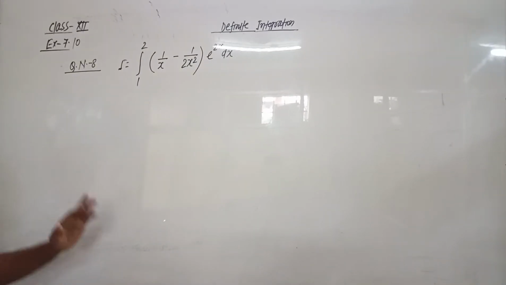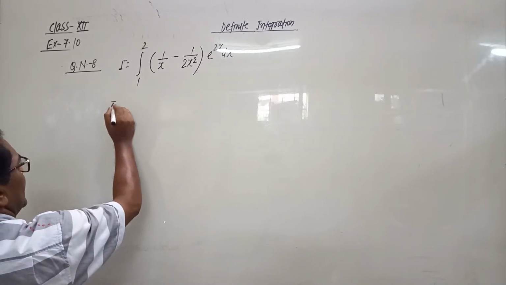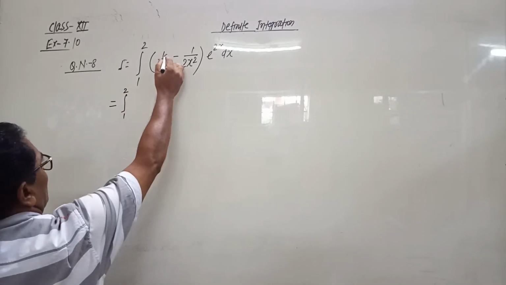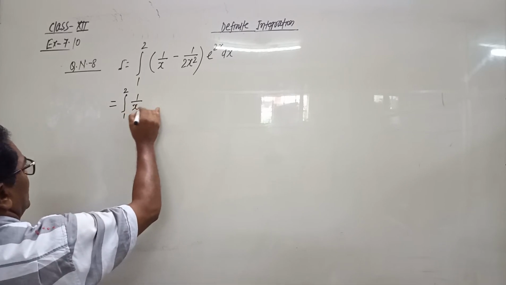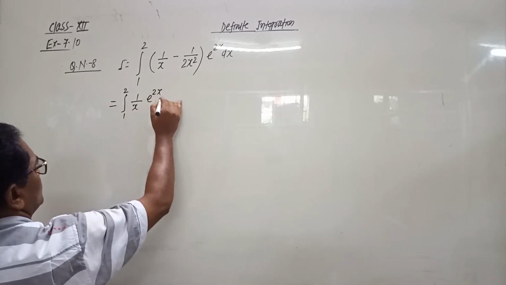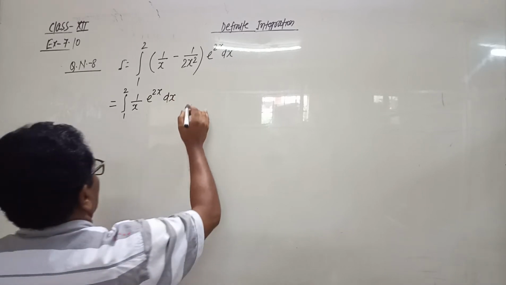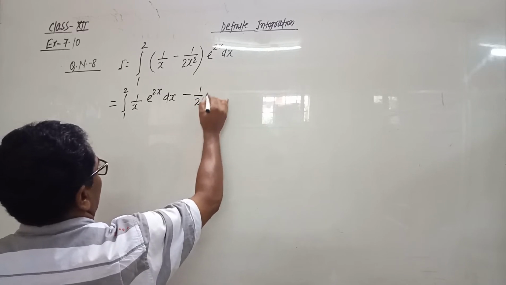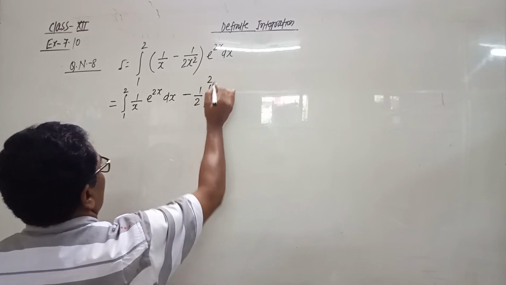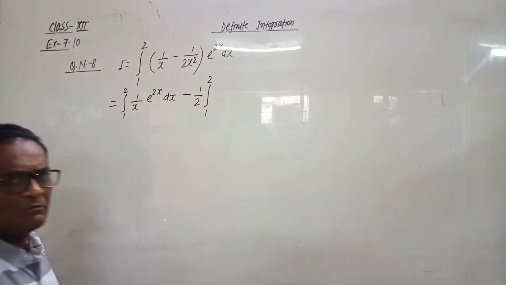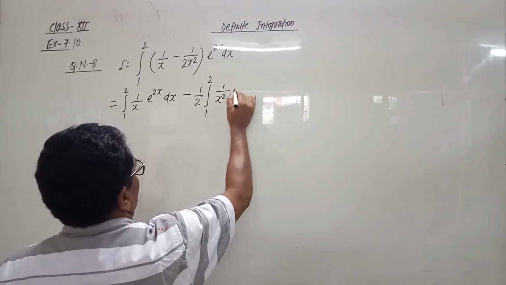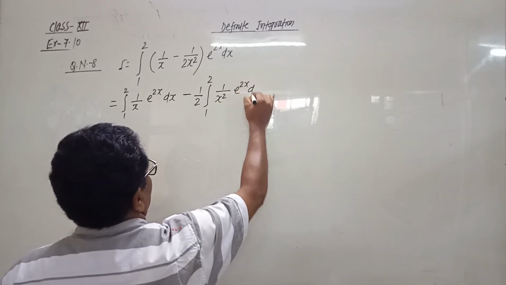So in the first step, we expand the bracket. We separate the terms. So we will write integration from 1 to 2, 1 by x into e raised to the power 2x and dx. Then minus 1 by 2, a constant term, taken outside, integration from 1 to 2 of 1 by x square into e raised to the power 2x and dx.